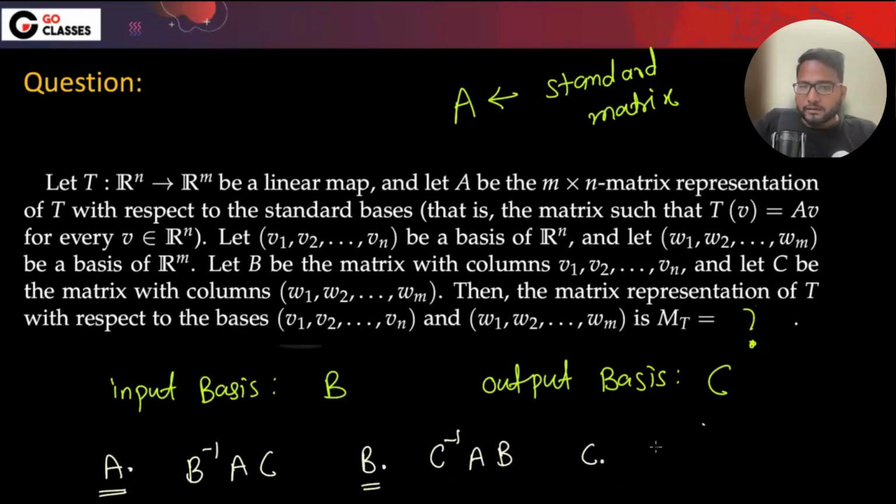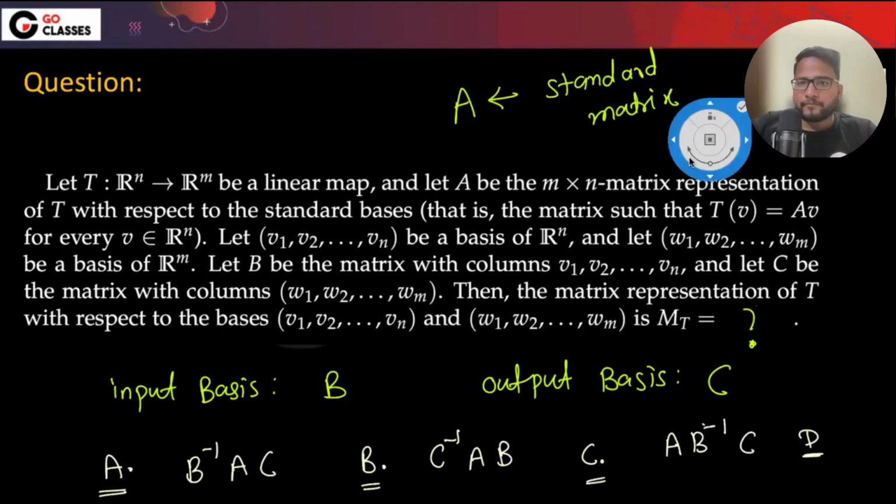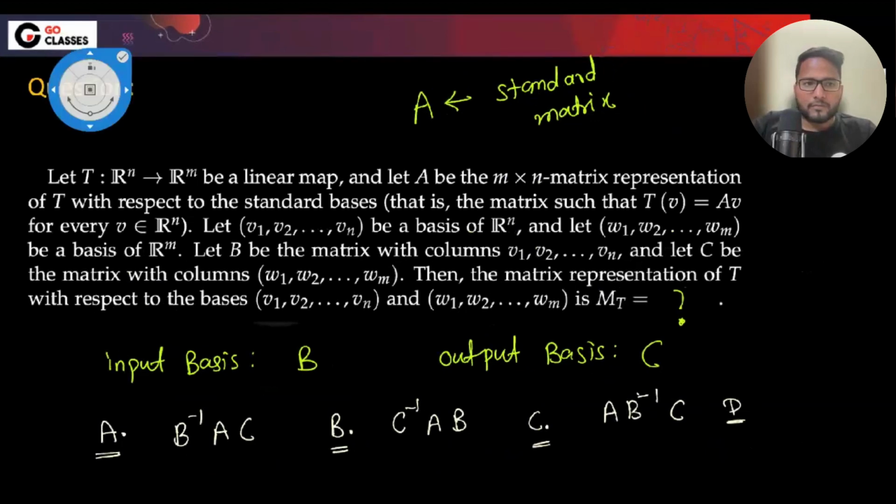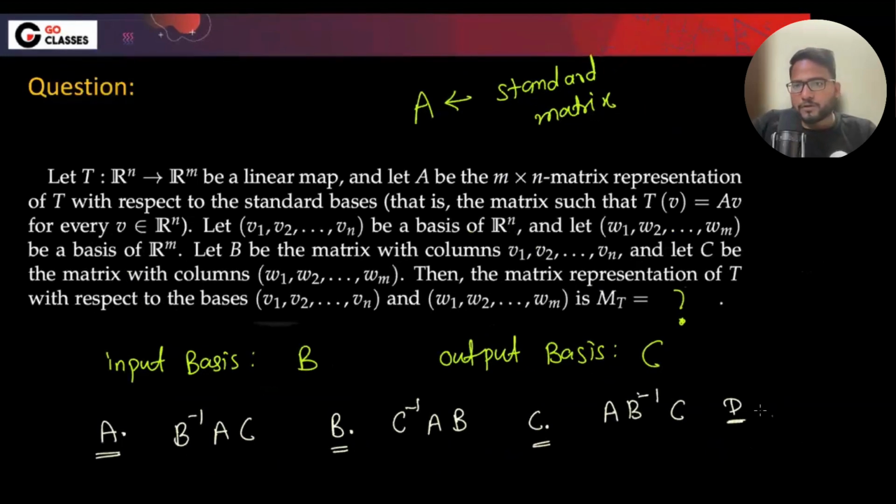Option C is, let's suppose, A B inverse C. Option D is, let's suppose, something like A C B inverse or something like that, right? Tell me which option is correct.